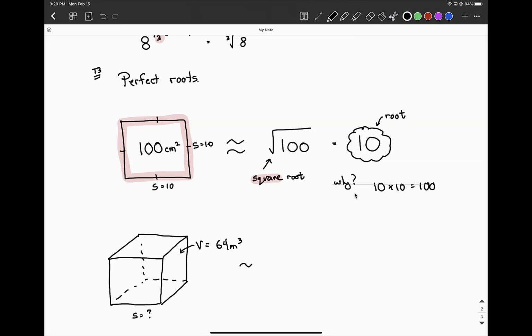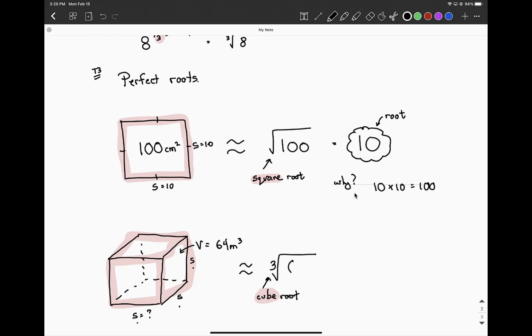I wouldn't take the square root, since it would be asking for something times something times something, 3 multiplications to build that 64. We call it the cube root. It's not a pun. It is literally talking about cubes that we're solving. Cube root.